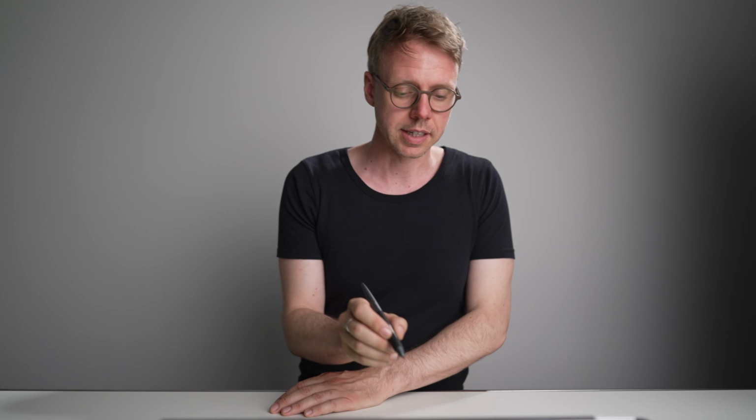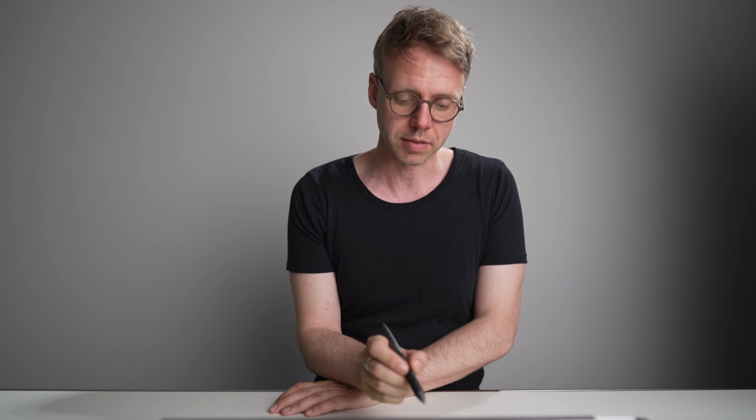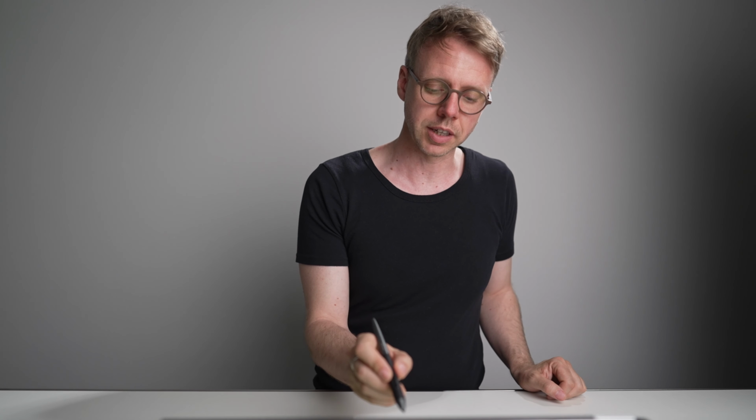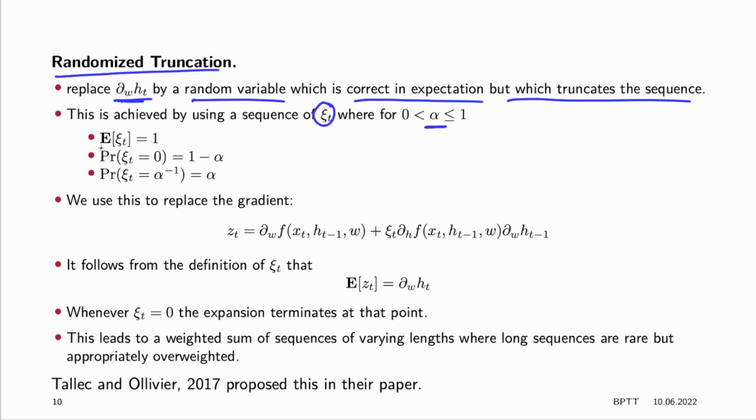How can we get such an unbiased estimate of this h_t with a truncated sequence? Well, it's achieved by using a sequence of these ξ_t's, where for 0 smaller than a parameter alpha, which is again upper bounded by 1, so it's a number that is smaller or equal to 1, the expectation of ξ_t equals 1.